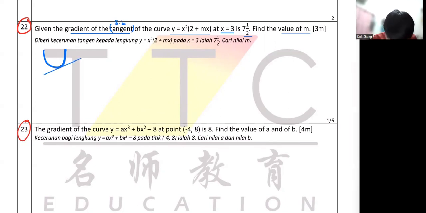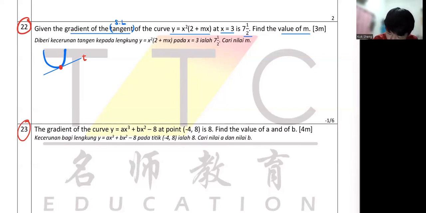Pass through 1 point. This line we call the tangent. First thing you have to know is the tangent. Okay, the tangent is a straight line that passes through the curve at 1 point.